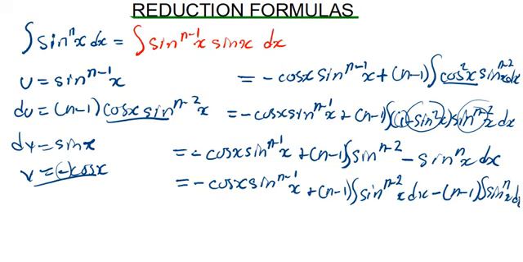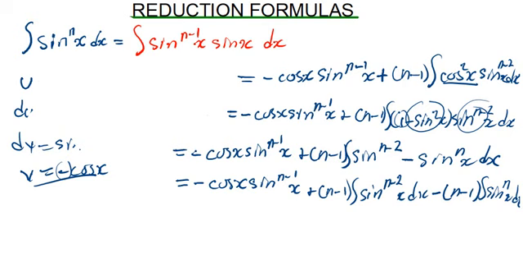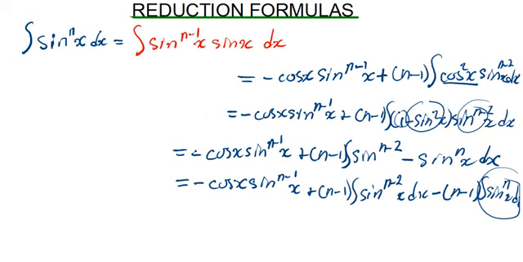What I would want you to observe is that this part here is like the part we are looking for, so we're going to collect the like terms. I know that I have that there, but I have a coefficient there. So when you collect the like terms, you have to factor out this one here. You can express it in terms of a letter or just the way it is, it's up to you. When I factor that out, I'm going to have the integral of sine n x dx, open bracket.